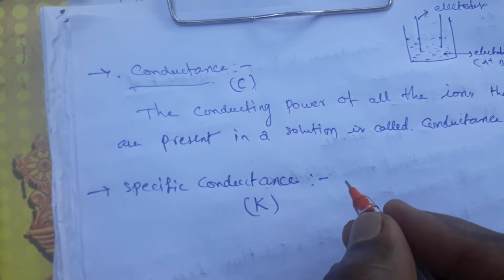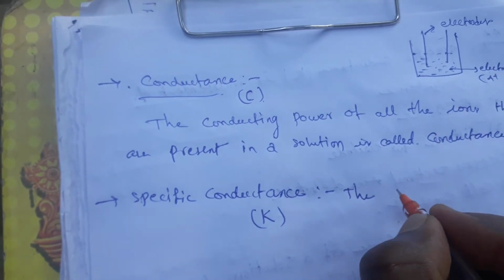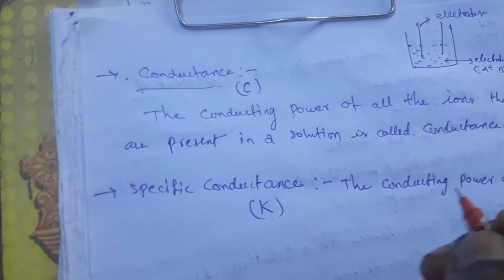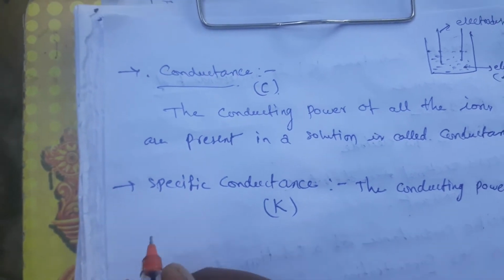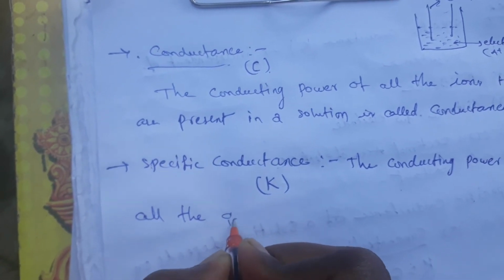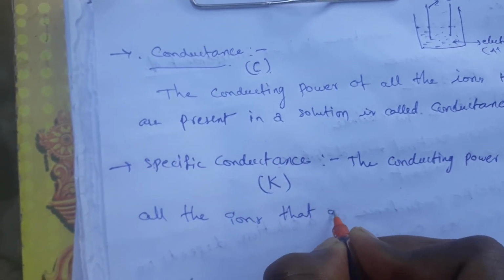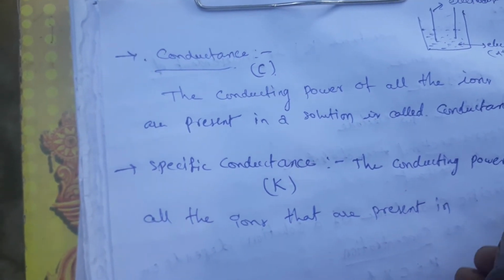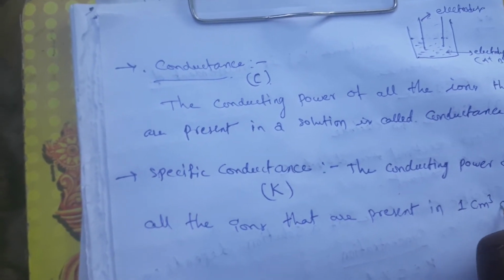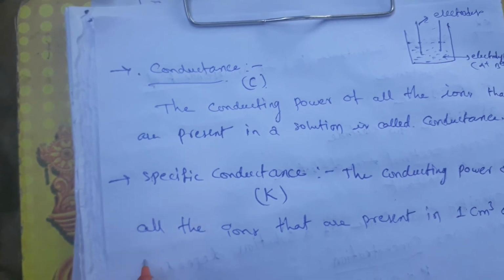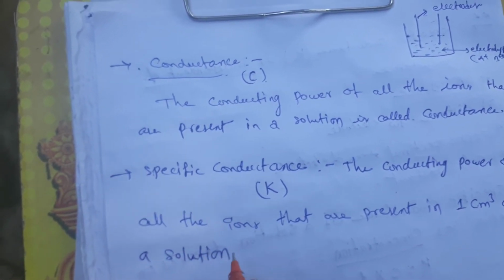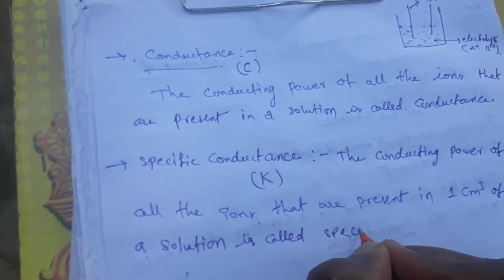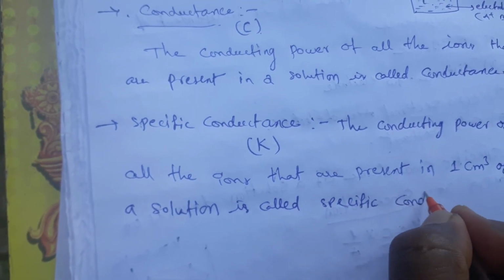So the conducting power of all the ions that are present in 1 centimeter cube of a solution is called specific conductance.